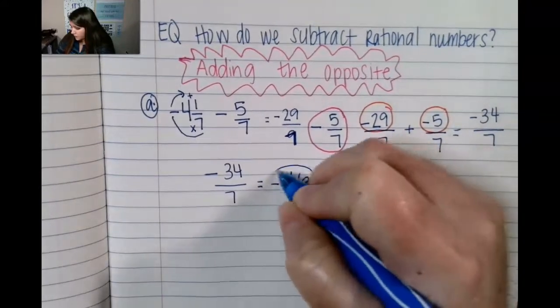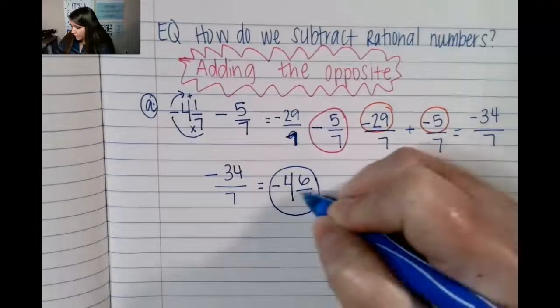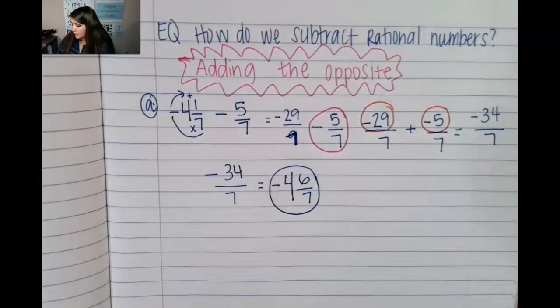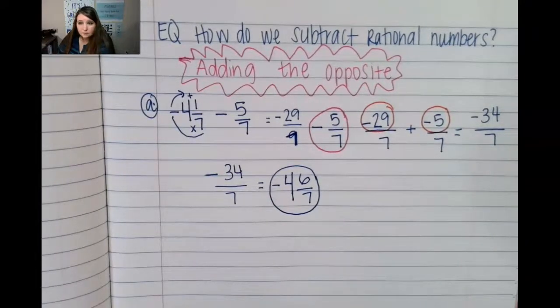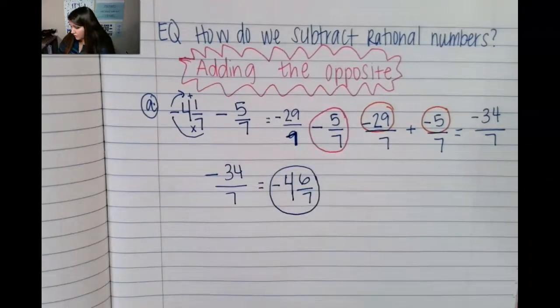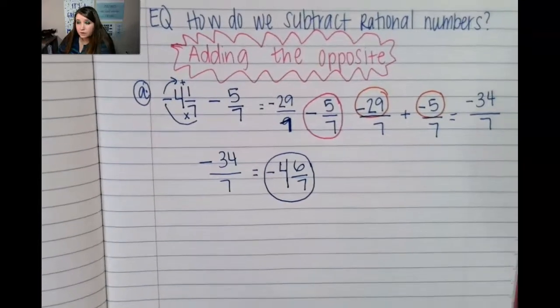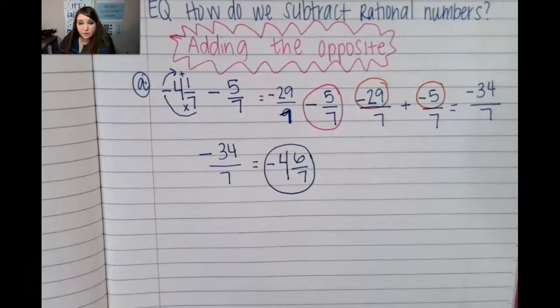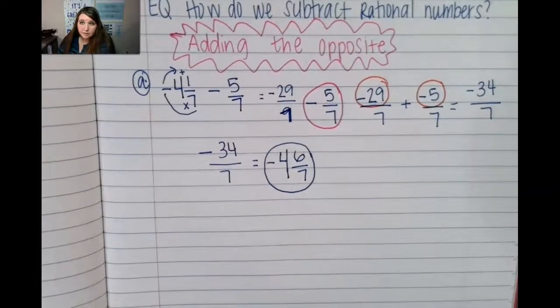So when I reduce this down, I end up with -4 and 6/7. So again, I just added the opposite in order to keep this as an addition problem, just like what we did in our last lesson.